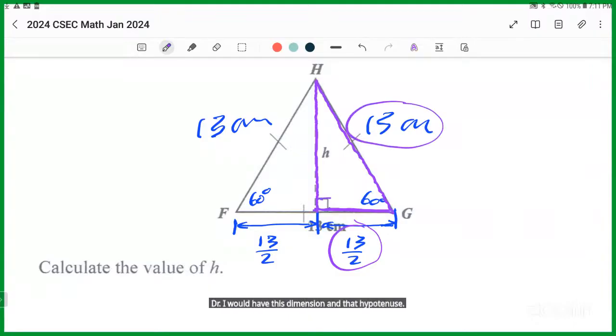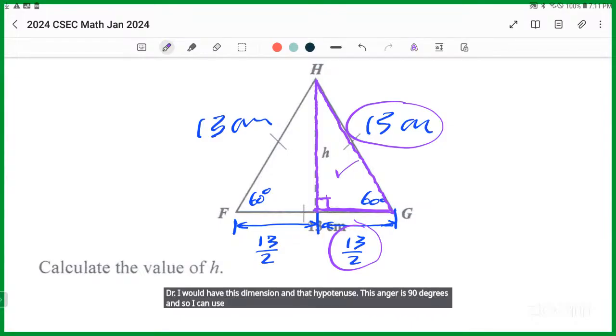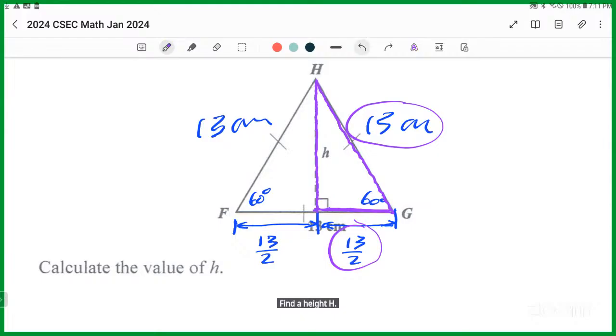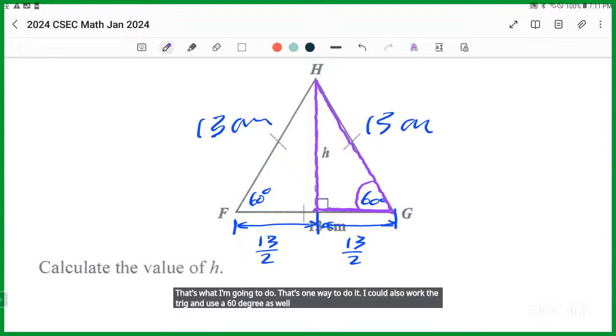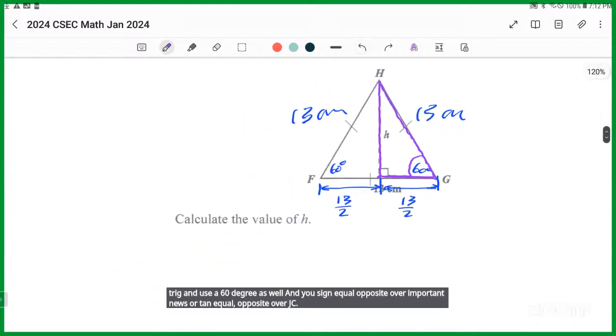This angle here is 90 degrees, and so I can use Pythagoras' theorem in that triangle to find the height h. That's one way to do it. I could also work with trig and use the 60 degrees as well, using sine equals opposite over hypotenuse or tan equals opposite over adjacent.